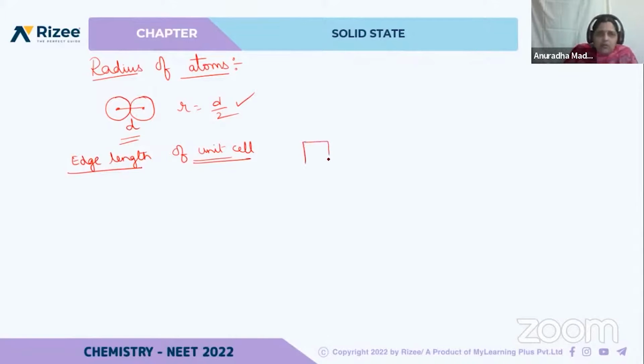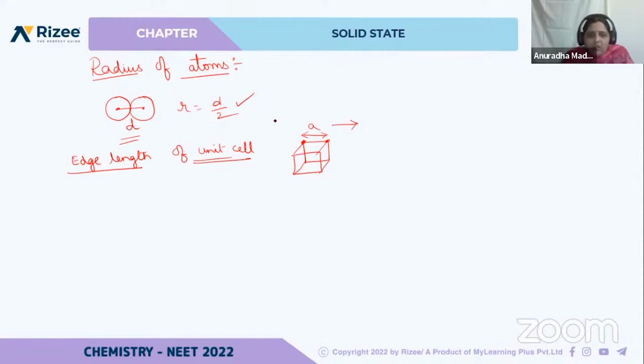So, what is the edge length of this unit cell? As this is a cubic unit cell, atoms are present on the corners. So, the distance between this atom and this atom is known as edge length.